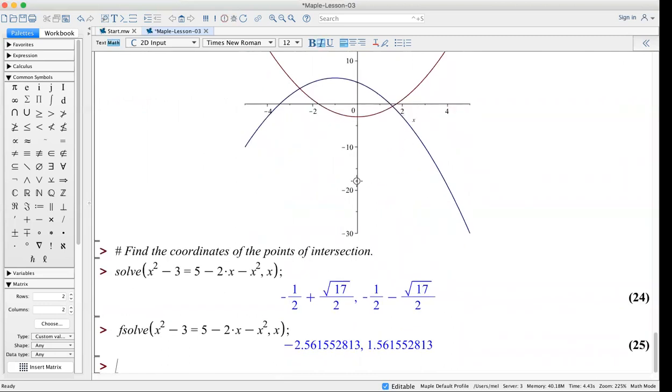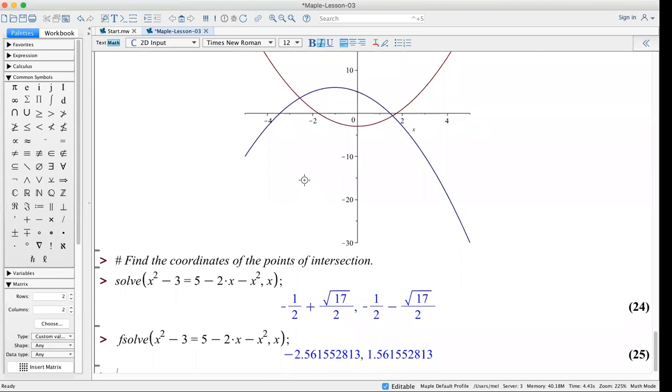And this says that at the points where these parabolas cross, the x coordinates of the points of intersection are 1.56 something and minus 2.56.